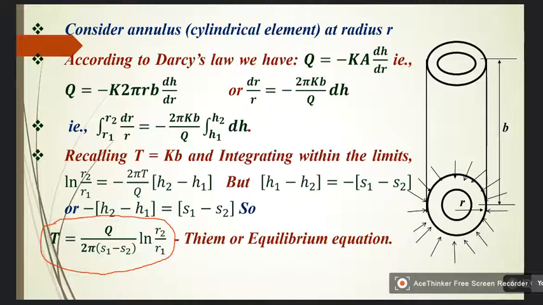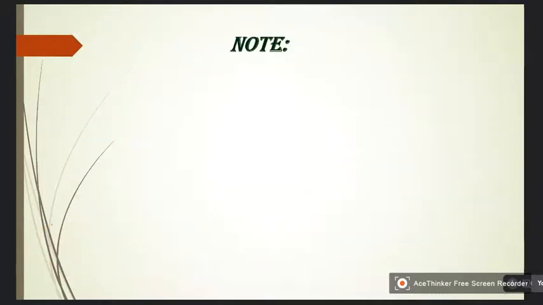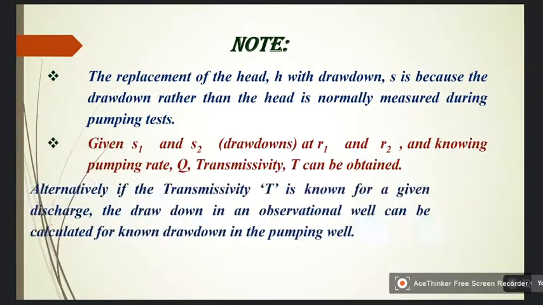Here R1 and R2 are two wells located at distances R1 and R2 from the pumping well, in which the drawdowns are respectively S1 and S2 from the initial static water level.